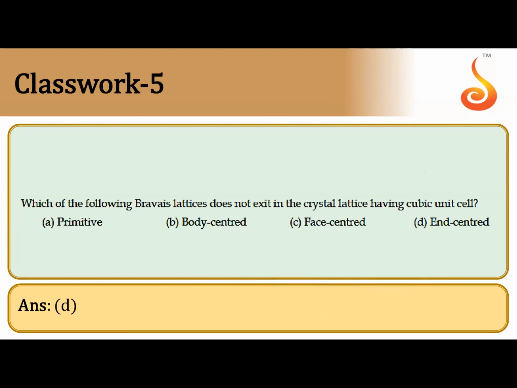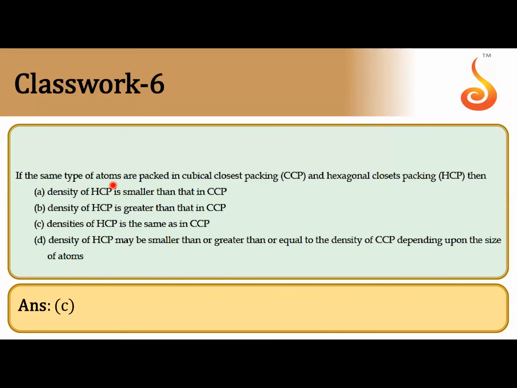Question number 6. If the same type of atoms are packed in cubic close packing and hexagonal close packing, then, so they are comparing the densities. All of you know that for packing efficiency of CCP or HCP, the unit cell is FCC only.